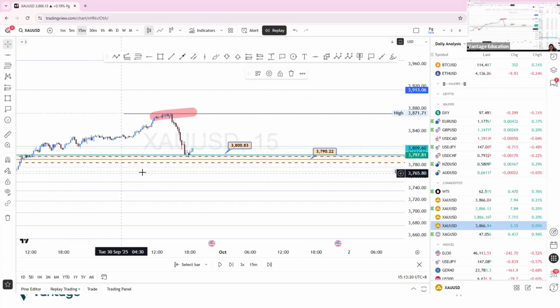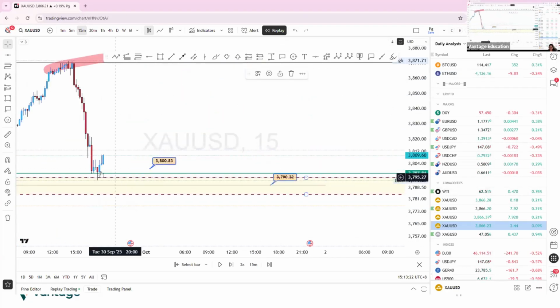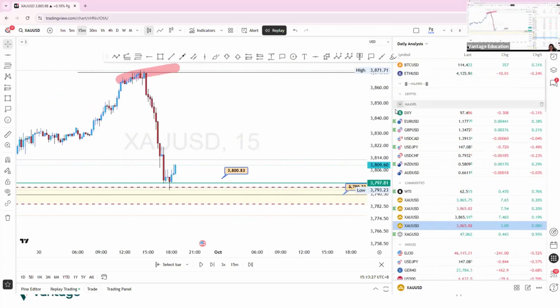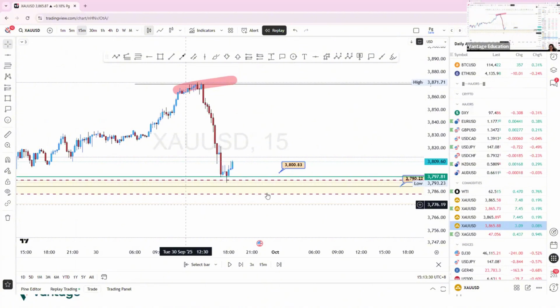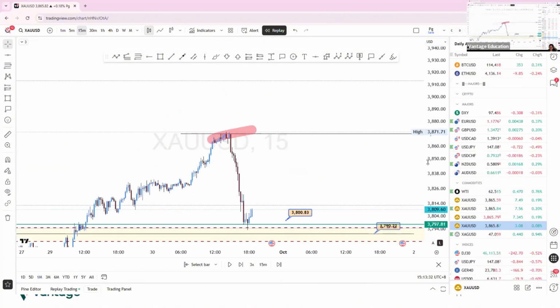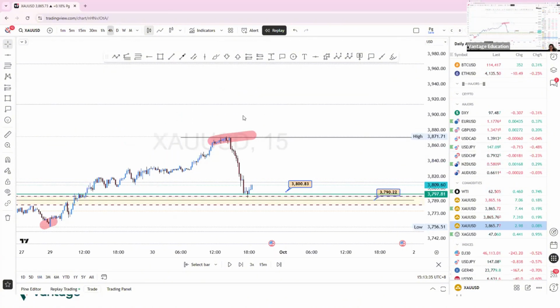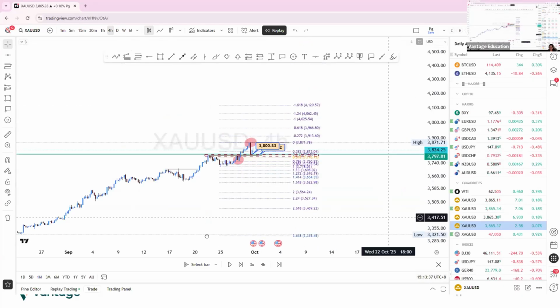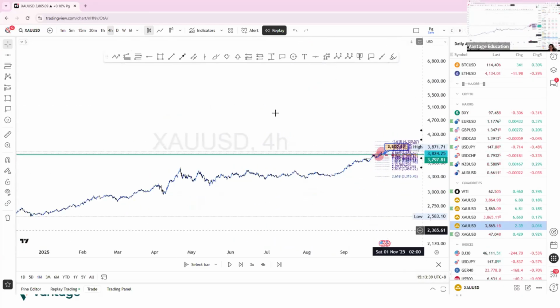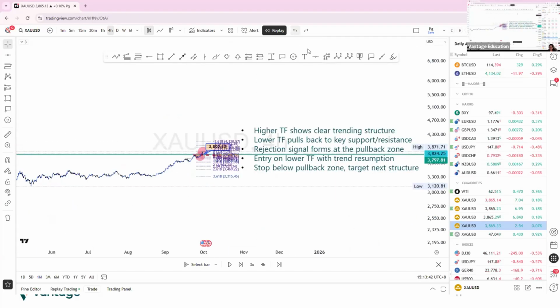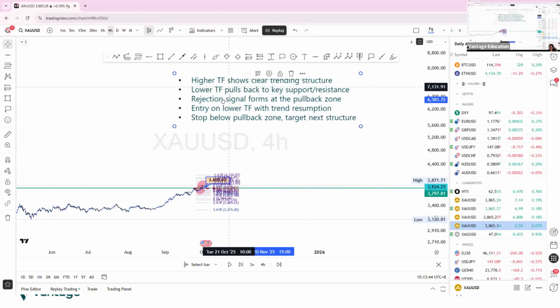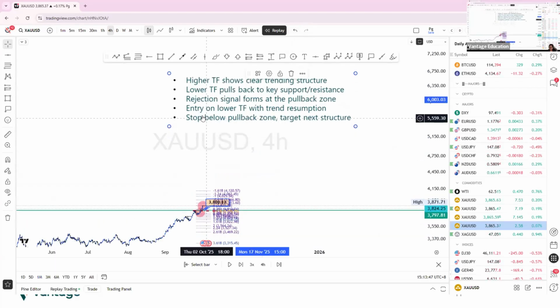You can see the price action on M5 and M15, and it happened at our zones. After you see the rejection, enter on the lower time frame with trend resumption. Stop loss goes below the pullback zone, and target the next structure.